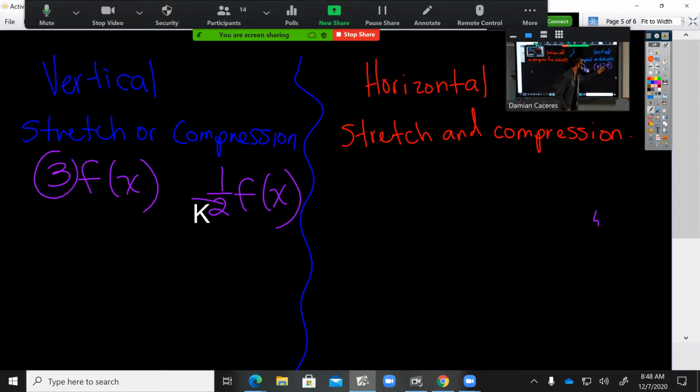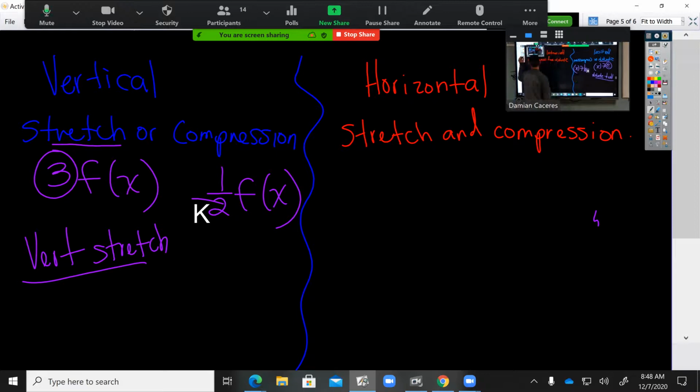Anytime you multiply something by something bigger than 1, it makes it bigger. Bigger would make a stretch happen. So when the number's outside the parentheses, you're going to call it vertical stretch or compression. If it's bigger than 1, we call it a vertical stretch. If it's smaller than 1, like this fraction, then we call it a vertical compression.